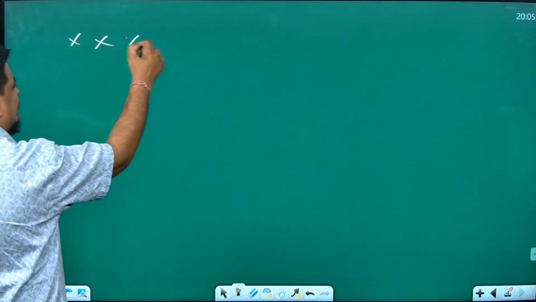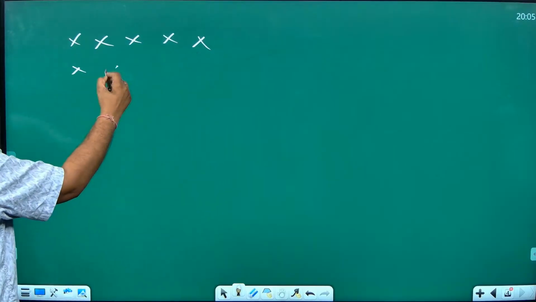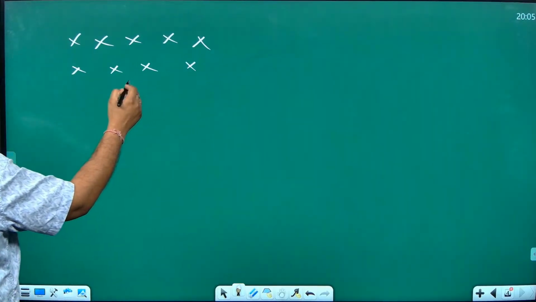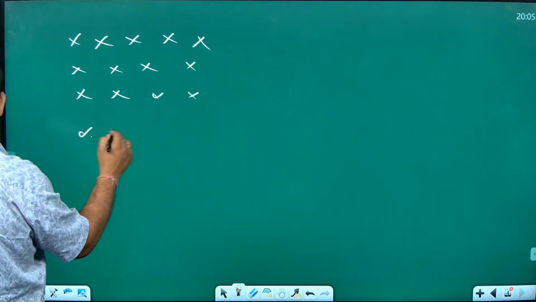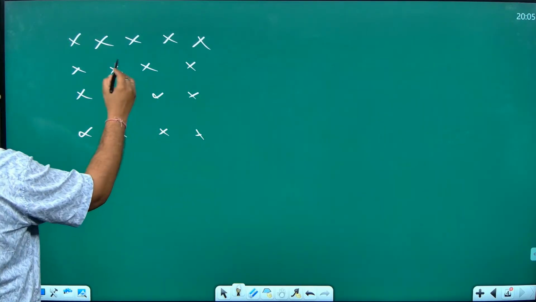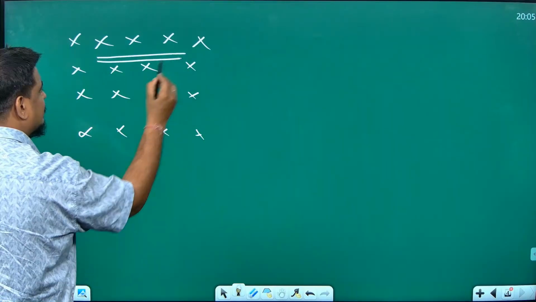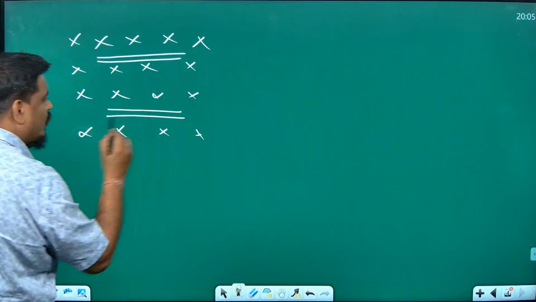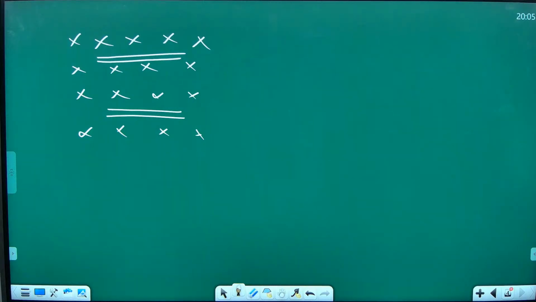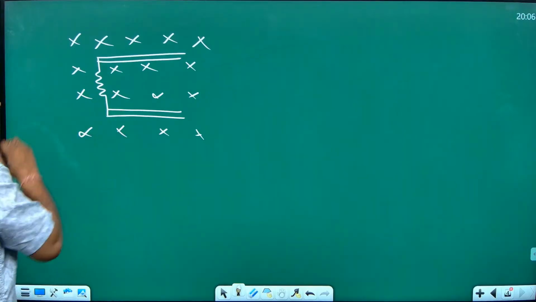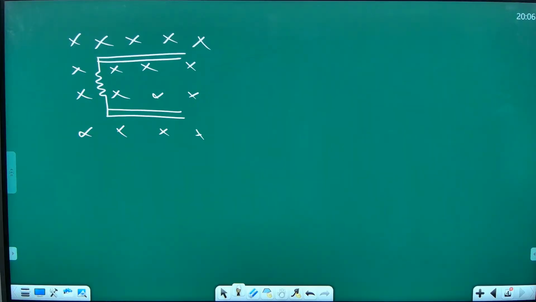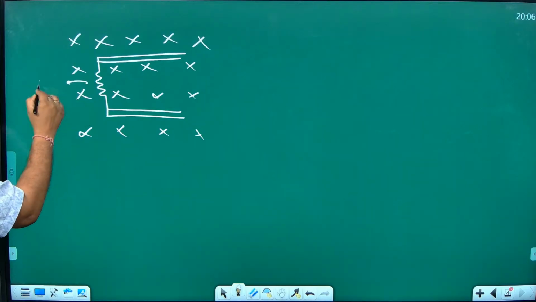So there is a magnetic field which is into the plane, and there is one rail here, another rail here. You know what is the meaning of rail, right? Anything can move on it, that's what is called a rail. And here we have a resistance, 2 rails and 1 resistance. Its value is given as 10 ohm.